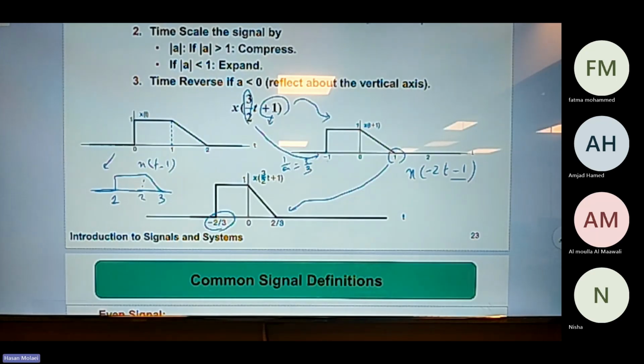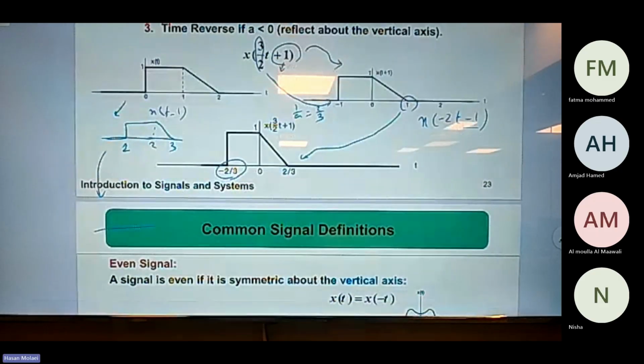Then I should apply which one? 1 over magnitude. Exactly. Time scaling, which means I should multiply the axis by half, so here would be 0.5, here will be 1, and here 1.